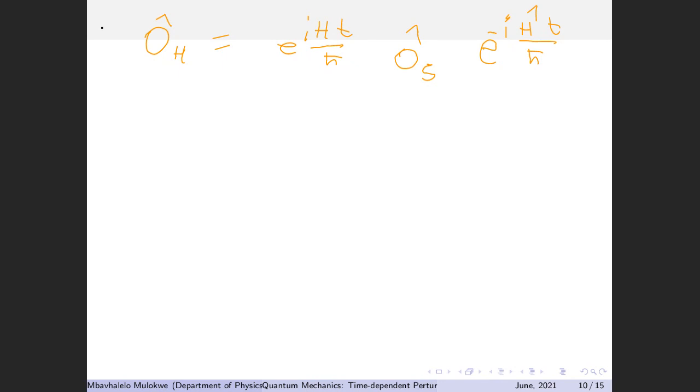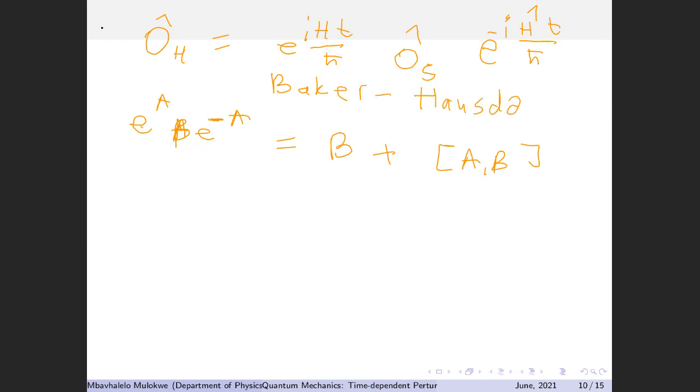Unfortunately, these are operators, so they don't commute, but there is a mathematical identity called the Baker-Hausdorff identity. It states that e to the A acting on B, e to the minus A, is given by B plus the commutator of A and B, and then you iterate.